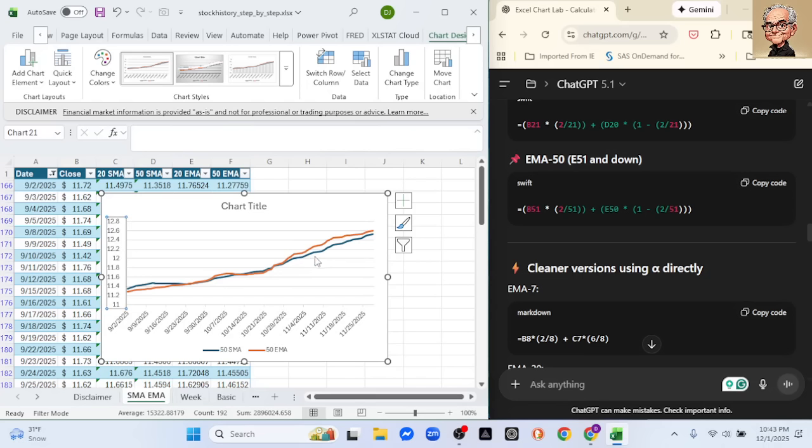Okay, it is a little above, but the overall trend is the same for both. But there is a slight bit of difference up here. You can see once again there's a little more slope, a little more shape to the 50 EMA than there is to the 50 SMA. Okay.